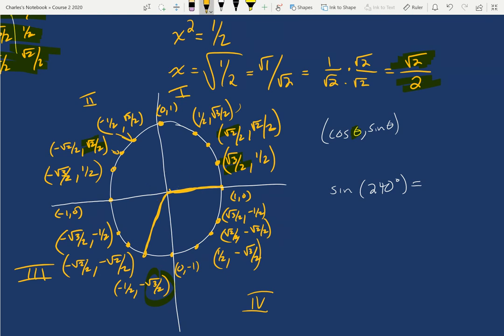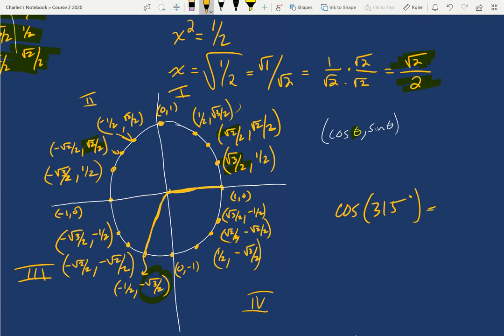And I would want to know from this coordinate, which things got a little bit sloppy down here, but those are the xy coordinates that go with it. Since I said sine, I want to remember that sine is the y value. So sine of 240 degrees would be negative root 3 over 2. If I just picked something at random and I said, what is the cosine of 315 degrees?